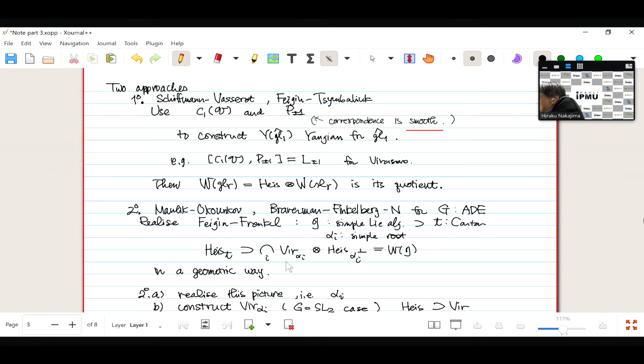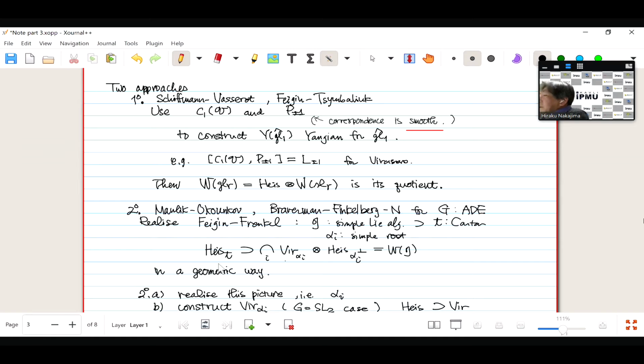And by the Feigin-Fuchs realization, the Virasoro algebra is a subalgebra of the Heisenberg algebra. You tensor this with the Heisenberg algebra for the direction perpendicular to alpha. Then this tensor product can be understood as a subalgebra of the Heisenberg algebra of the torus, this Cartan subalgebra. You consider this for each i and take the intersection in the Heisenberg algebra. Then it becomes the double algebra.